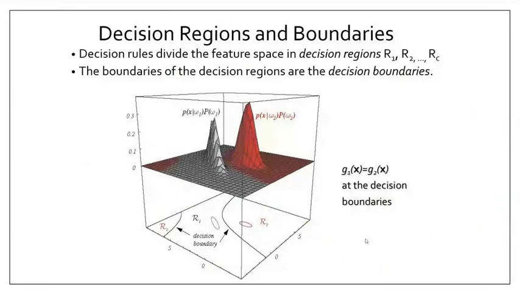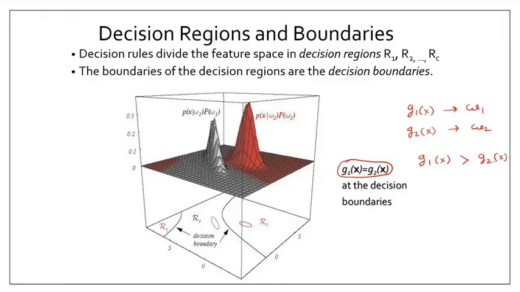Now if I do like this, I find out g1x, I find out g2x, then the decision boundary will be at g1x is equal to g2x. So g1x is responsible for omega 1, g2x is responsible for omega 2. So whenever g1x is greater than g2x, what is our decision?